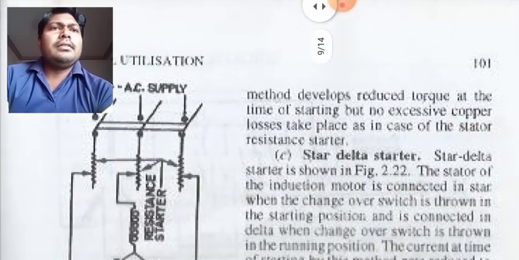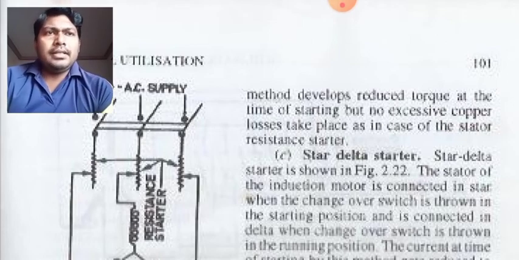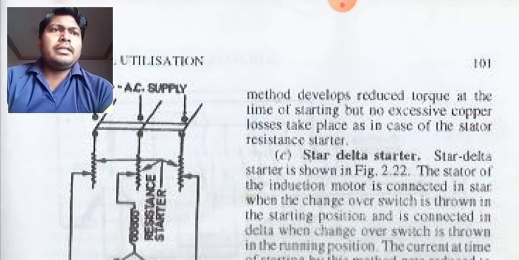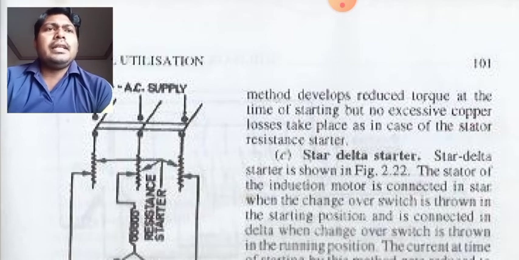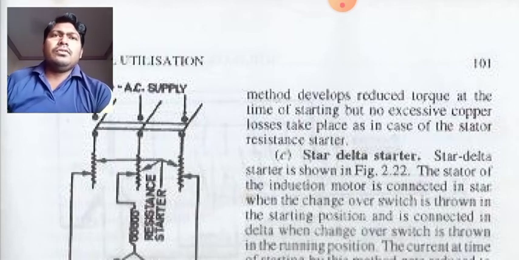This method develops reduced torque at the time of starting, but no expensive copper loss takes place in the stator, as in the case of the stator resistance starter. So there is no loss of energy.